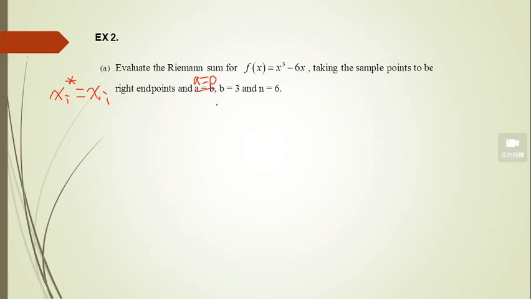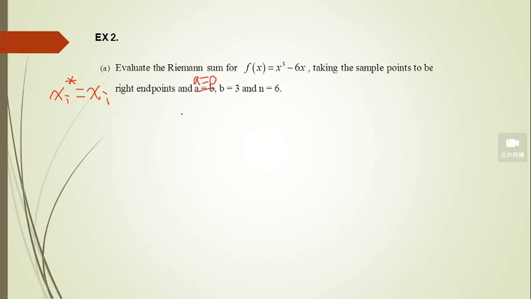That means the closed interval is from 0 to 3. And what is n? We will choose 6 rectangles, n equals 6, right? Because in that Riemann sum, i should start from 1 to n. Now I specify my value n as 6.